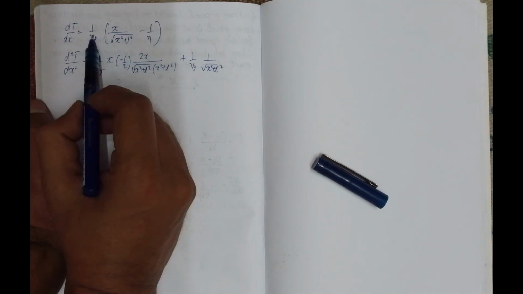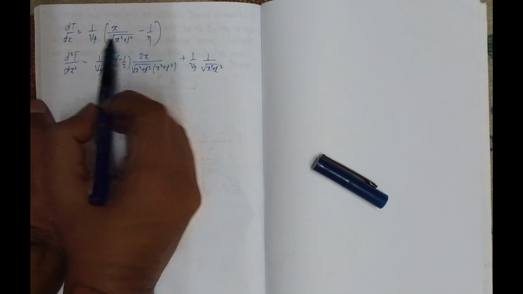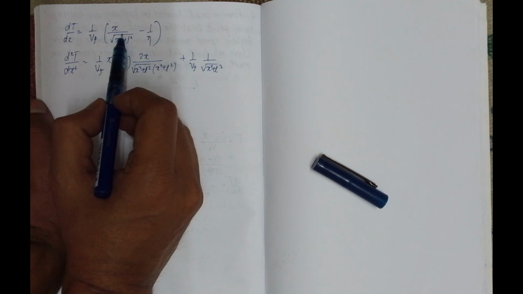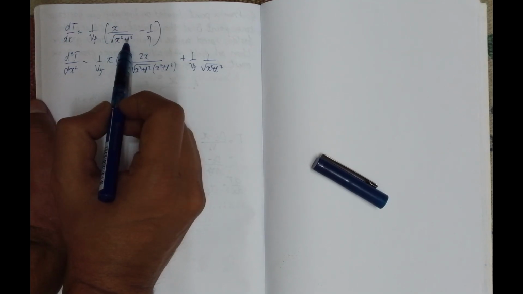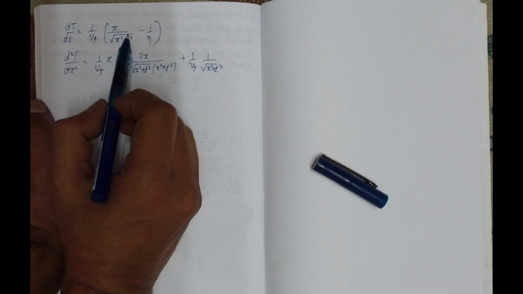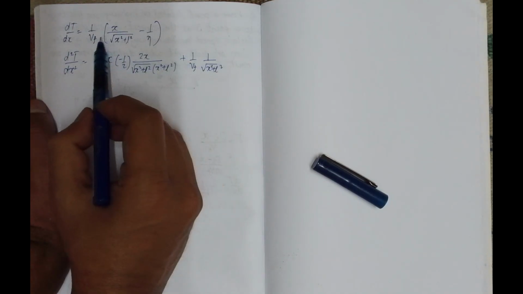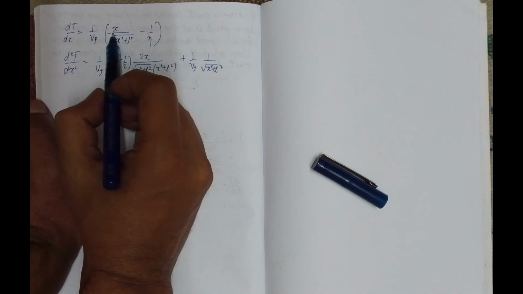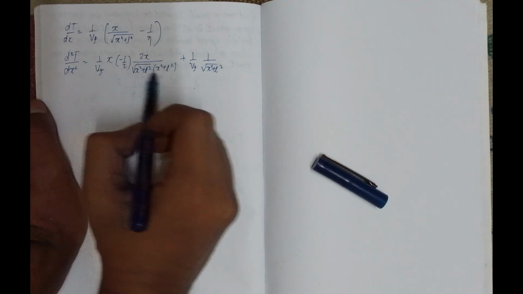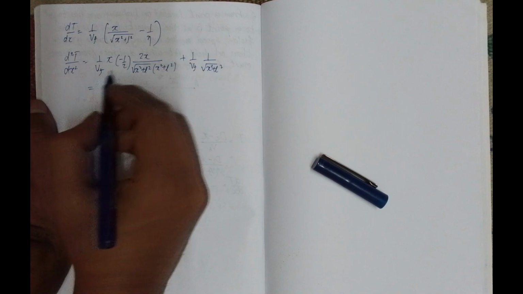The first term is constant, so we don't have to worry about it; it will evaluate to 0. As far as this particular component is concerned, it has two things: one is x, the other is x square plus L square to the power minus 1 by 2. So we'll differentiate this accordingly. As we all know, first we take x and differentiate the other factor, and the next time we take the other factor as it is and differentiate x. Once we have done that, we simplify further.